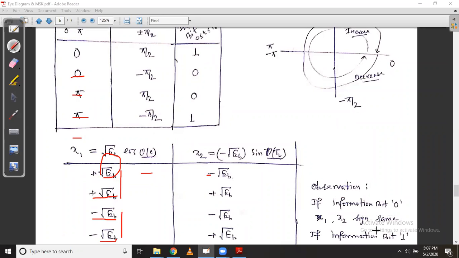In a similar way, this is your pi by 2, minus pi by 2, pi by 2, again minus pi by 2.